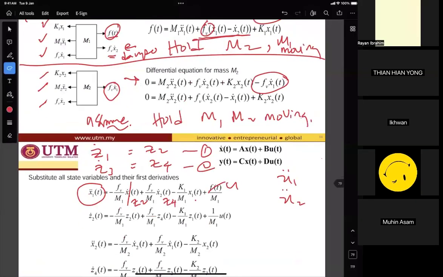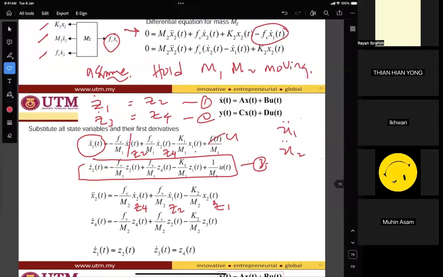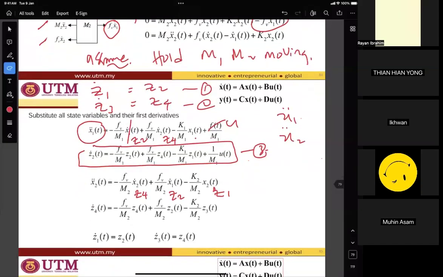That's why you see this equation number 3, state equation number 2. And then x2 double dot is minus Fv over M2 times x2 dot, which is z4, x1 dot, which is z2, and x2, which is z1, sorry, z3.